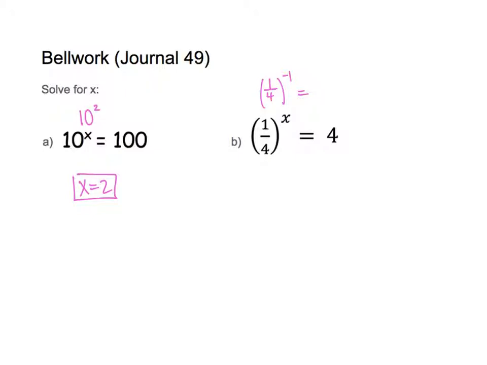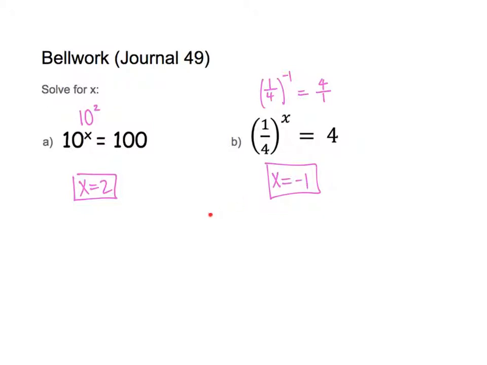In other words, this turns into 4 over 1. Well, 4 over 1 is just 4, right? So in this case, x is equal to negative 1.